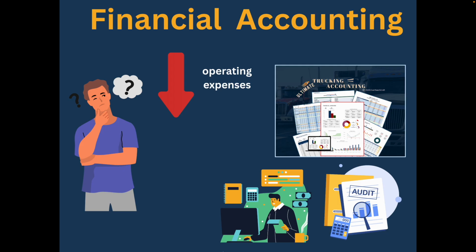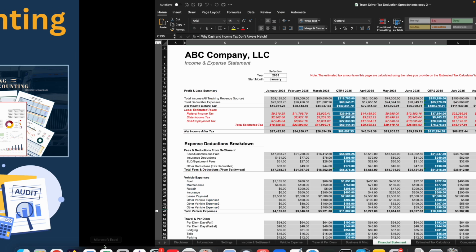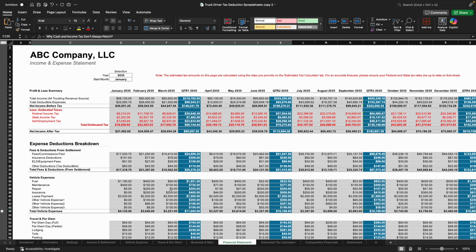So the template that I built for the trucking accounting and tax deduction is for tax accounting purposes. So when you look at the financial statement for tax accounting purposes, it looks a little bit different than your regular financial accounting report.